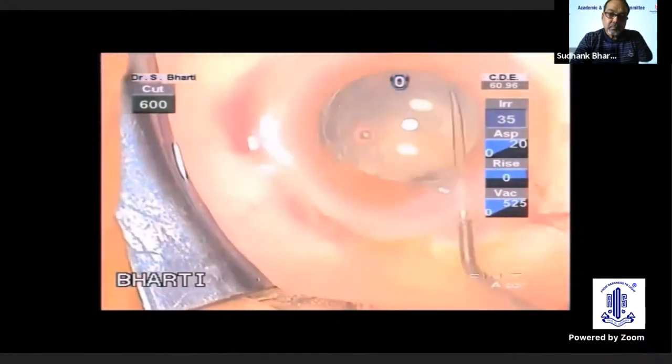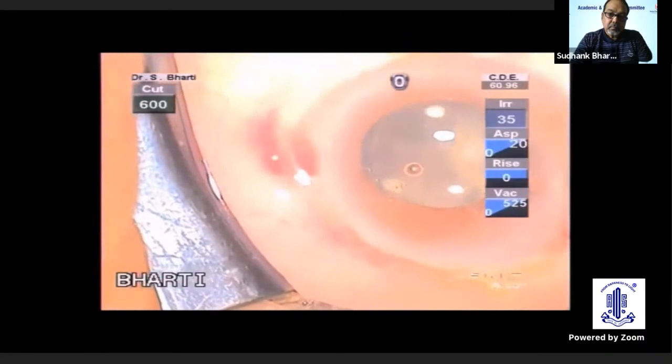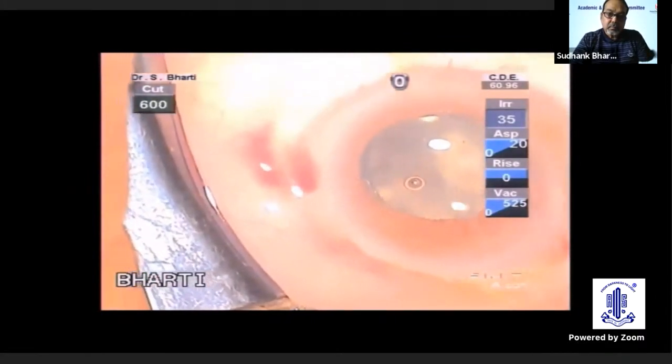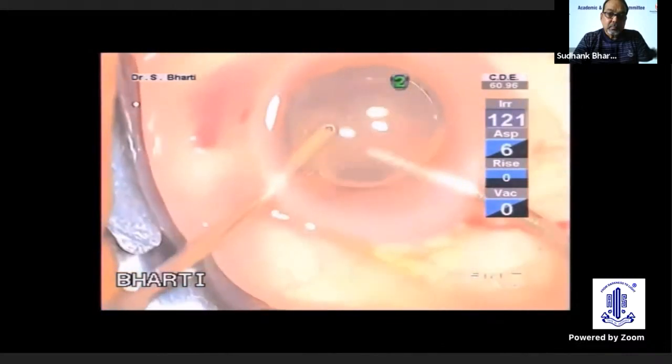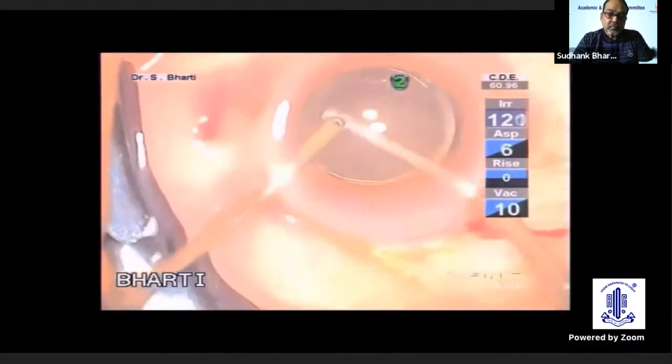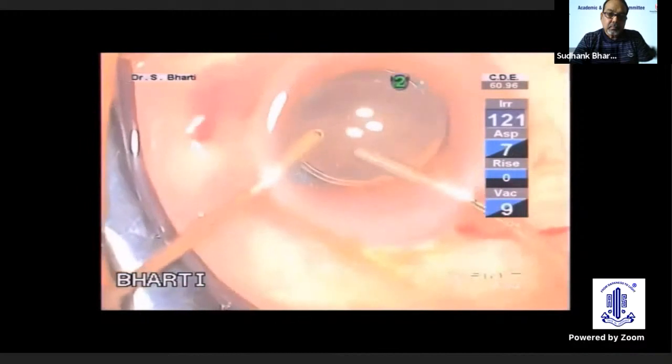The optic capture is done with the anterior capsular axis. The viscoelastic is removed from in front and behind the intraocular lens.